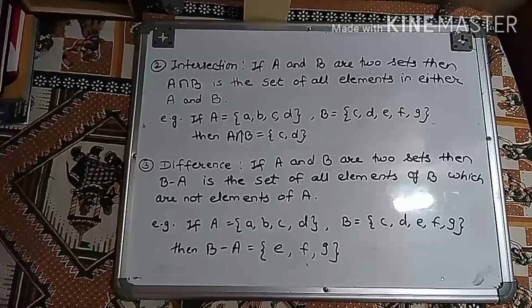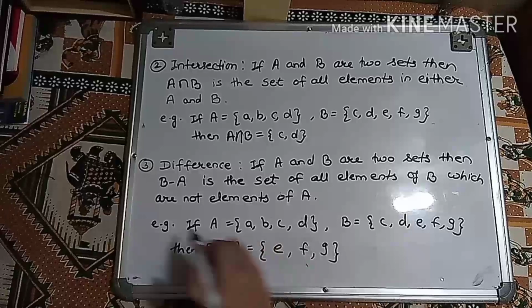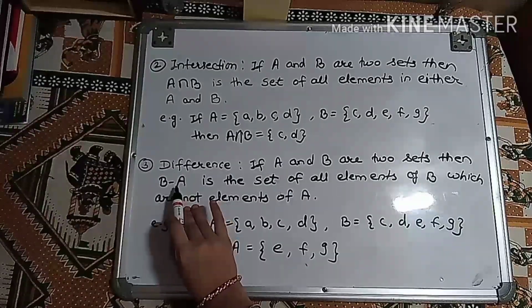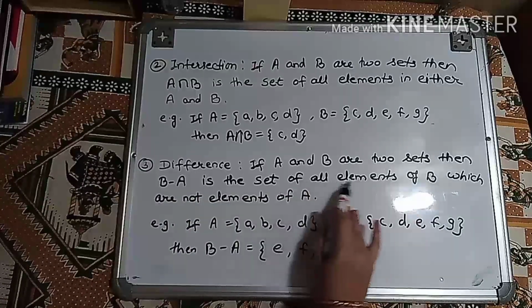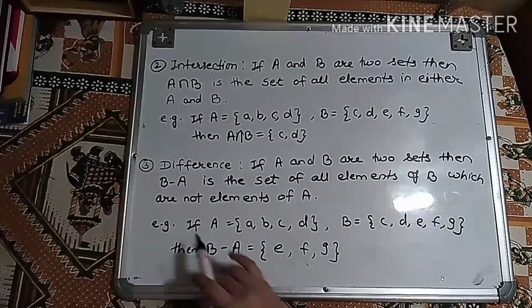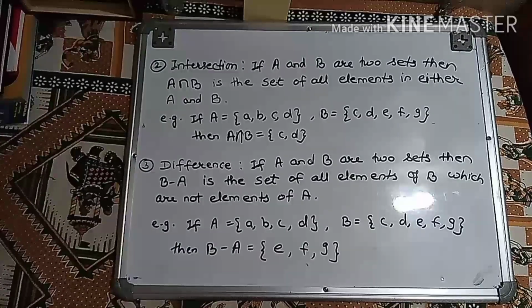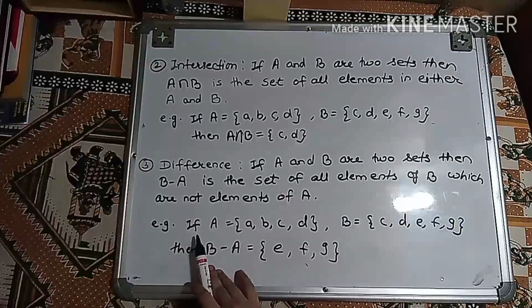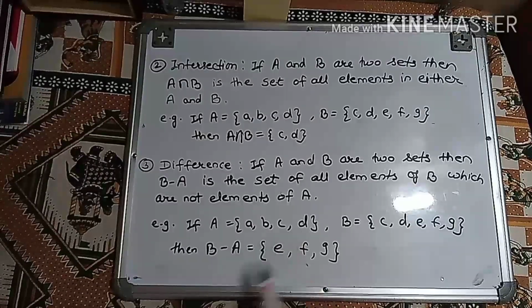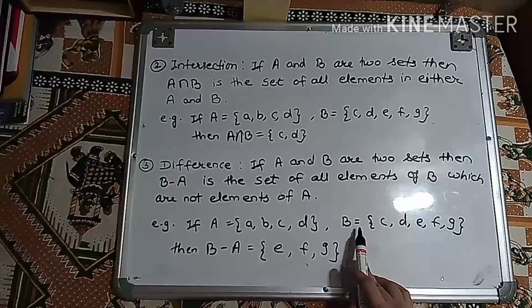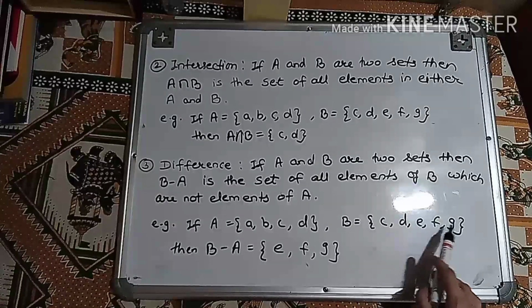Now next operation is difference. If A and B are two sets, then B minus A, we denote difference by B minus A, is the set of all elements of B which are not elements of A. Means it is a set of elements which are in B but not in A. For example, consider the set A of elements a, b, c, d, and B is the set of elements c, d, e, f, g.